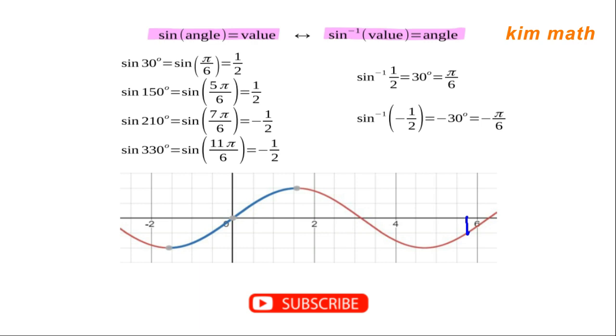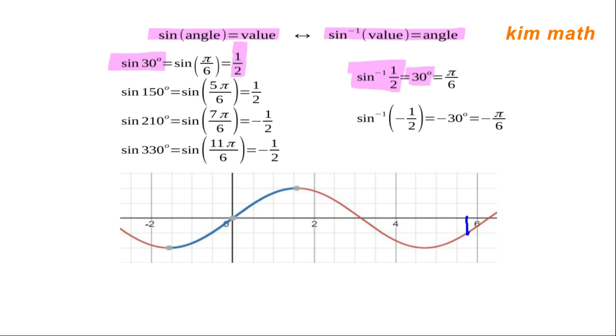So for example, in regular sine, 30 degrees gives 1/2. But in arcsine of some value, the result is an angle. Sometimes radian, sometimes degree, it doesn't matter. But anyway, an angle.